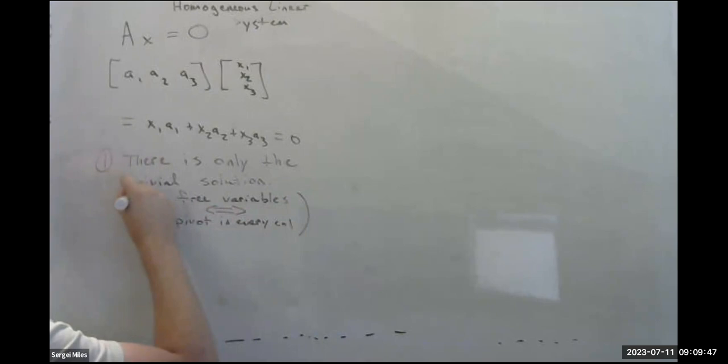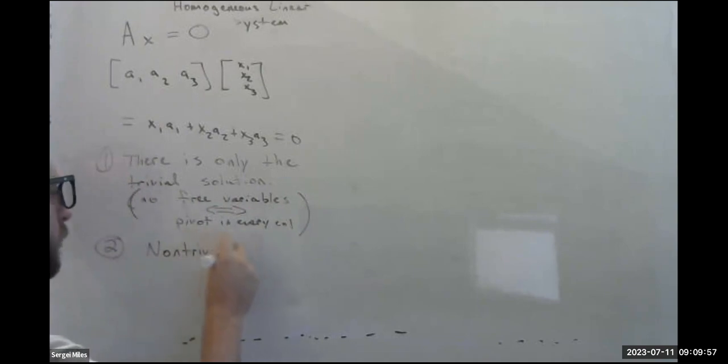Right, so this is the special case. Still always have the trivial solution, but non-trivial solutions also exist. Non-trivial solutions do not always exist. If there are no free variables, there are no non-trivial solutions.